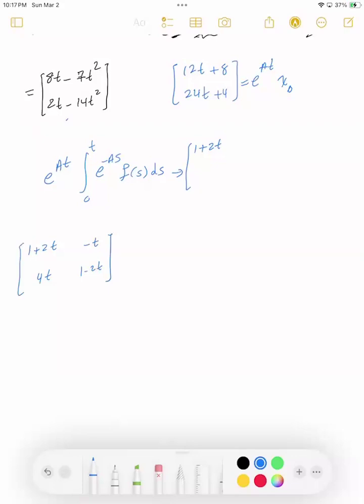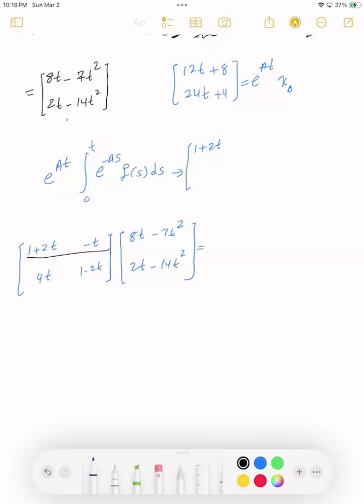That's our e^(At). Then I have to multiply it by 8t minus 7t squared, 2t minus 14t squared. The product of these two, then I'm going to add it to this one. So let's find the answer first.